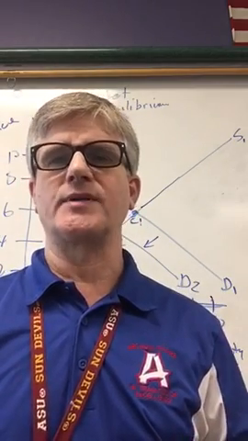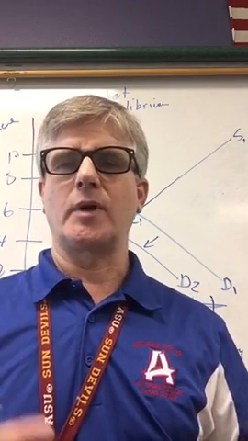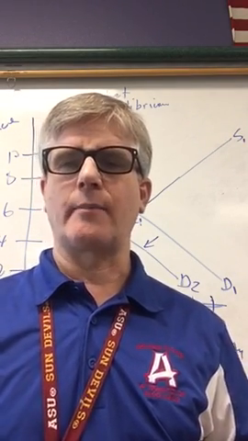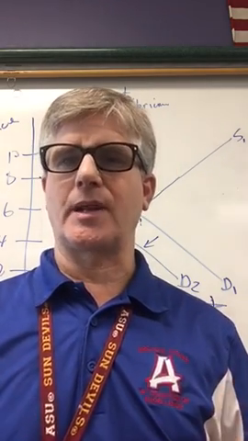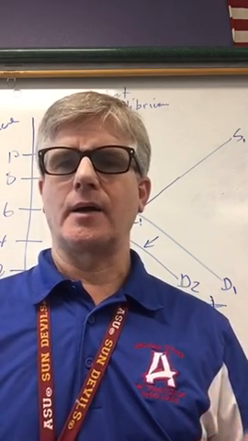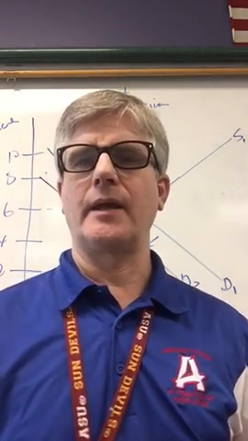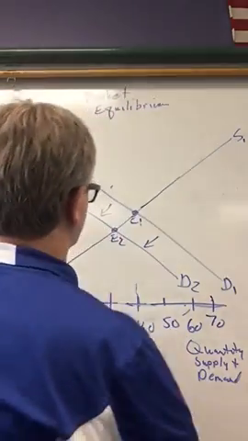So this is what happens when supply stays the same and demand increases or decreases. So now I'm going to start back at the beginning and look at what happens to supply. We're going to look at what happens when supply goes up and supply goes down, and basically demand stays the same.